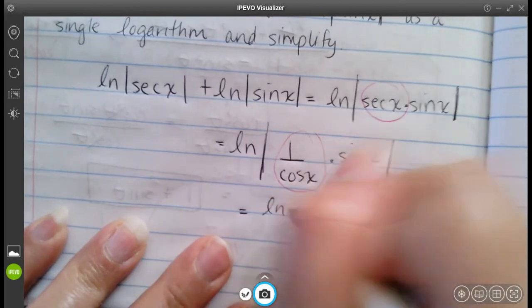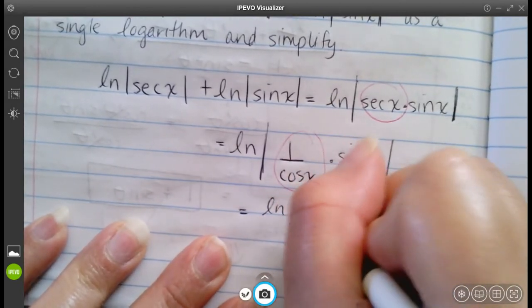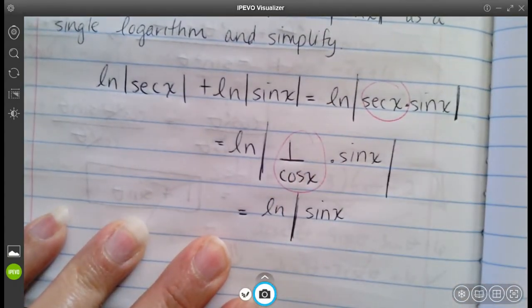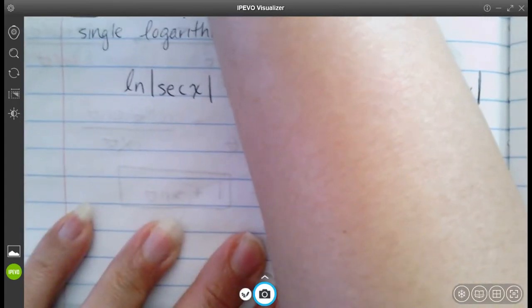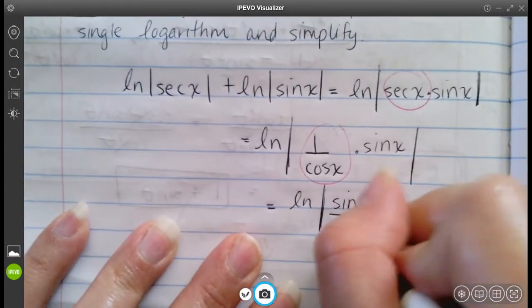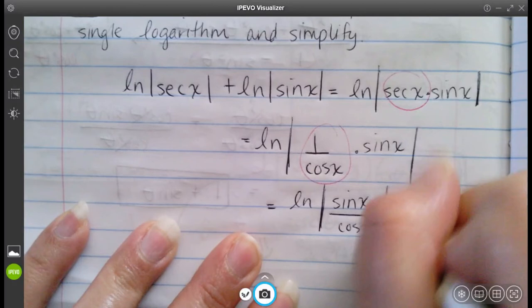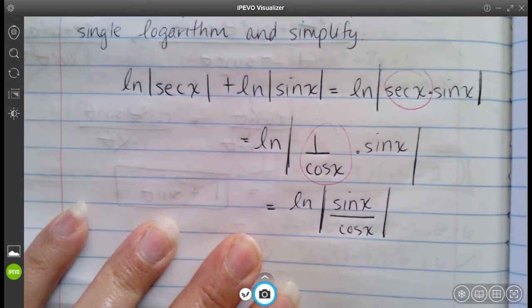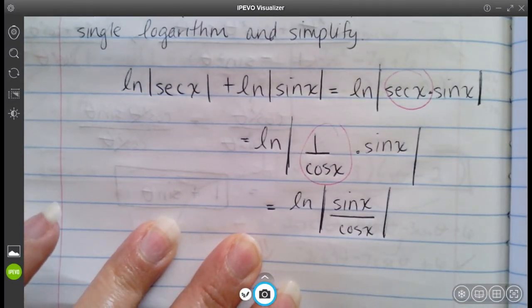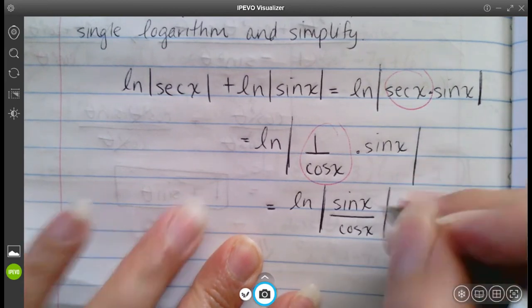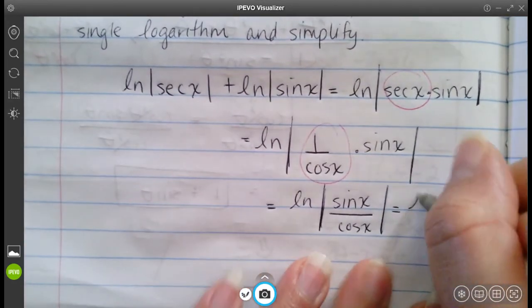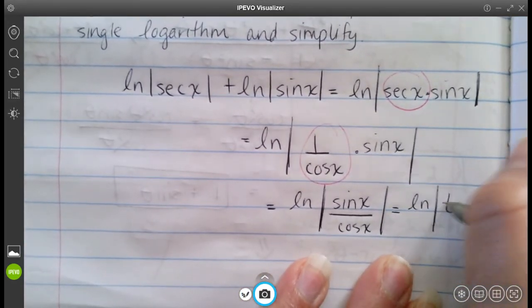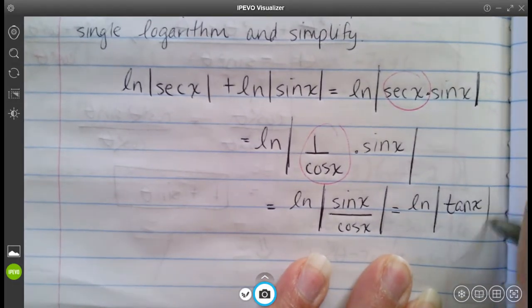So ln of, we'll put the sine on top because sine of x times 1 is just sine of x, over cosine of x. And hopefully you know this one. This is a quotient identity. You can look in your foldable if you need to. But sine over cosine is just tangent of x.